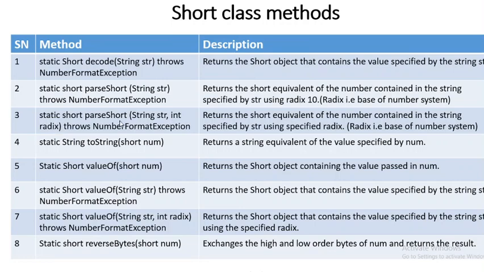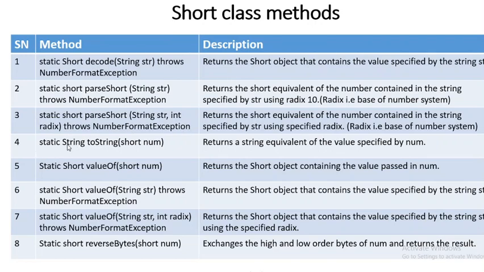The return type is the primitive short, parseShort, in brackets first argument is String, second argument is integer for radix. So whatever string we are giving over here will be converted into a primitive short by using the specified radix, and if this conversion is not possible, it will generate NumberFormatException.